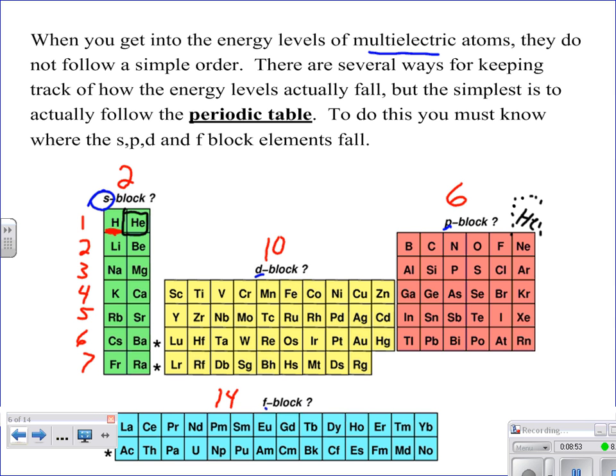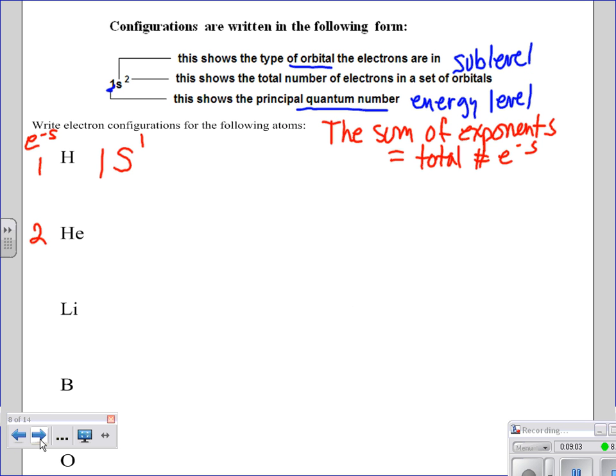Where are those 2 electrons? What energy level? The first. What block? It's going to be that S block. So we're just going to write this, in fact it's written up above, as 1s2. So that's the electron configuration for helium, 1s2.